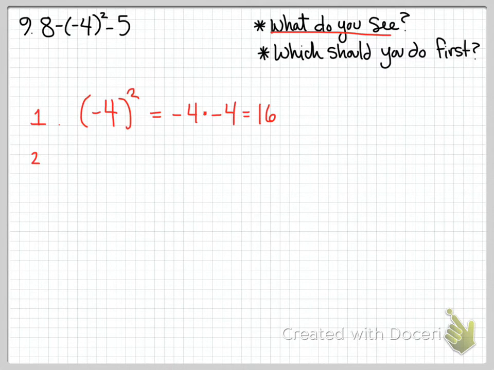So then we'll replace the positive 16 where the negative 4 squared was and take another look. So just like in the last problem, this is like a -1 being multiplied. So we'll do that next. Changing that to, actually it's a -16 minus 5.